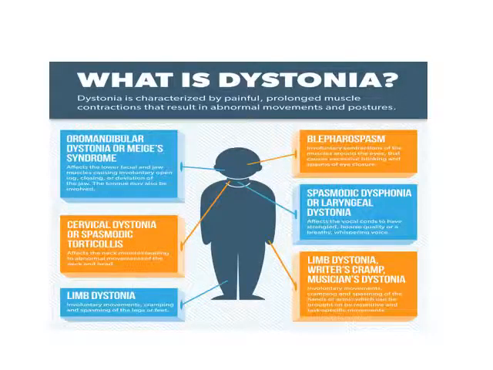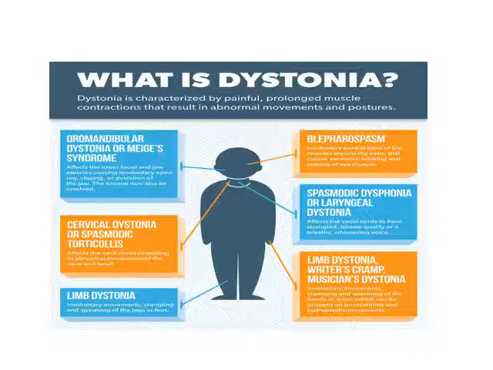Dystonia. There are many types of dystonia, but what is dystonia? Dystonia is painful, prolonged muscle contraction that results in abnormal movements and posture. Okay, so we have very important words that have to be memorized.